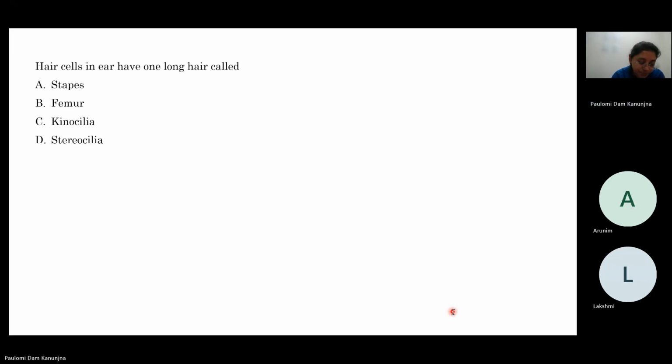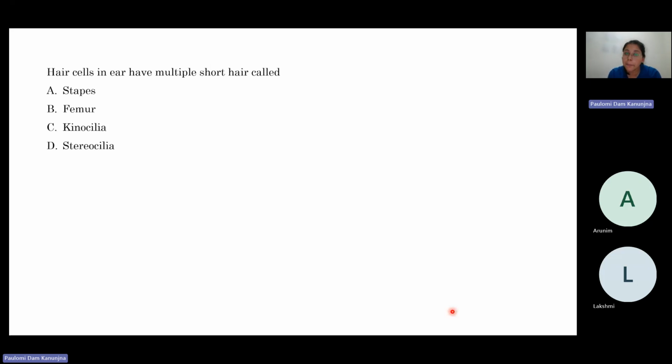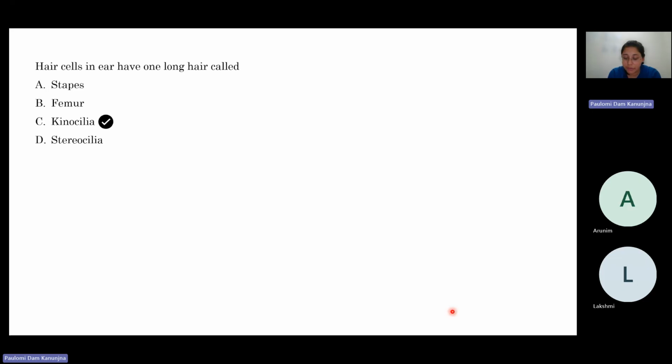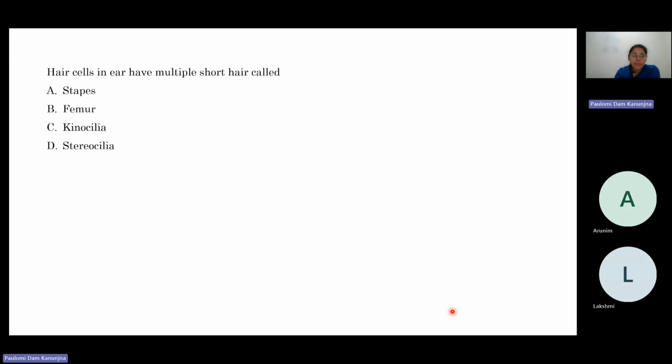Stereo? Okay, well, that one is kino. So the other one, which has multiple short hair, is stereo. So just remember, hair cells which have one long hair are kinocilia. Hair cells which have multiple short hair are stereo.